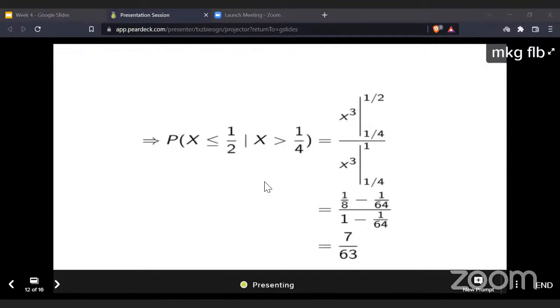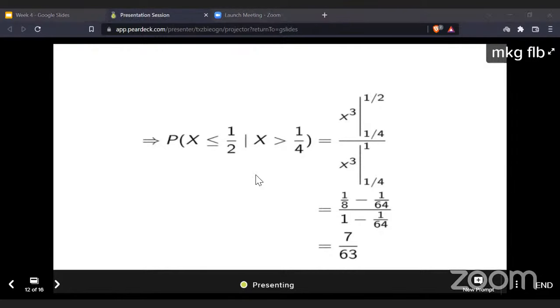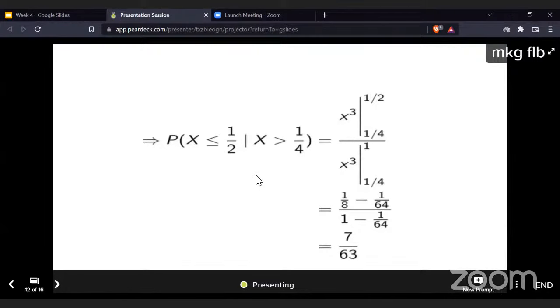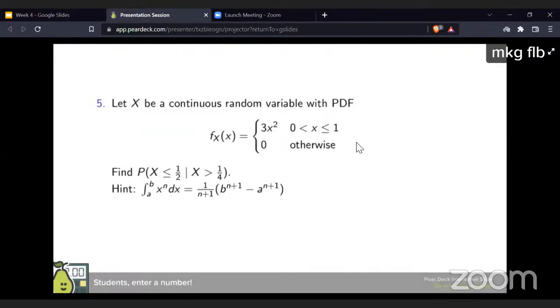Can you say anything about the nature of distribution, whether this PDF belongs to normal distribution or any other sort of distribution? Do you think it belongs to any of the distributions you have studied so far? No, uniform and exponential, surely not, right? And I don't think that it belongs to normal distribution also.